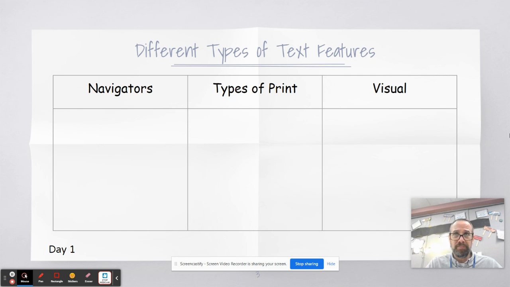It can be symbols that will lead you to footnotes or to an appendix, depending on how meaty the book you're reading is. And then finally, you have visuals. These are all the things that you're familiar with: photos, drawings, diagrams, maps. So all of those things.